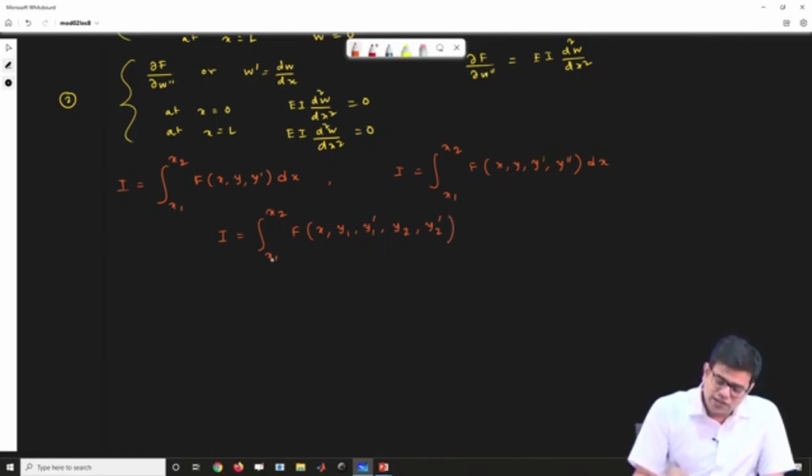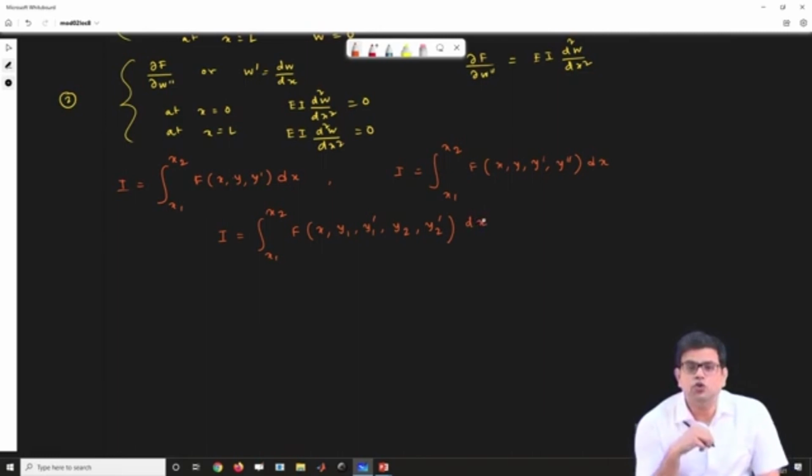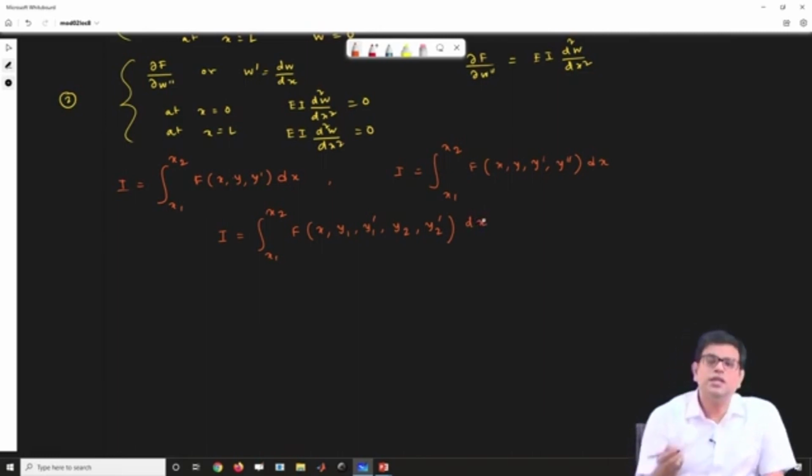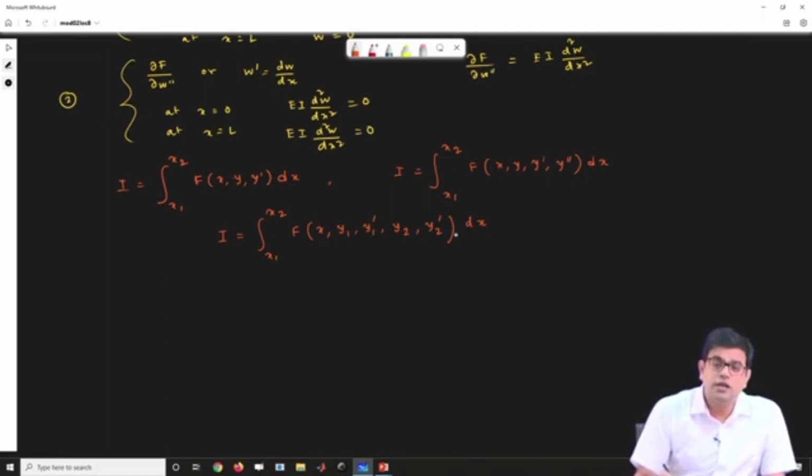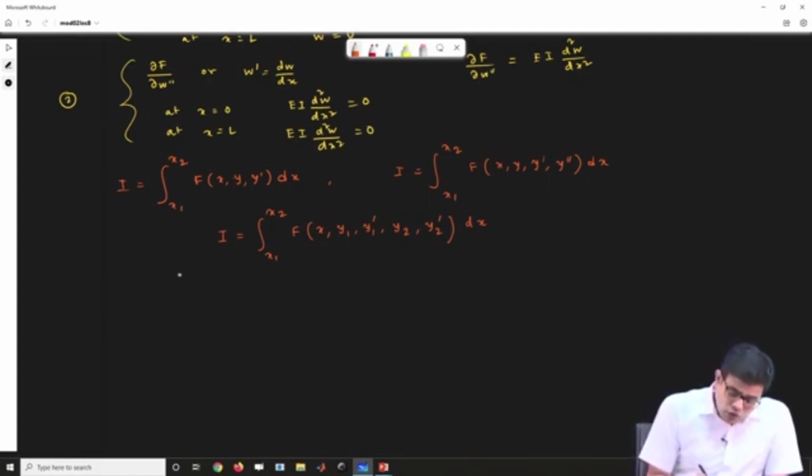If I just consider 2 variables, y1 and y2, then what will be its Euler-Lagrange equation? It is very simple, because I am considering a functional involving the first derivative. So, its first variation will be simply the same thing.